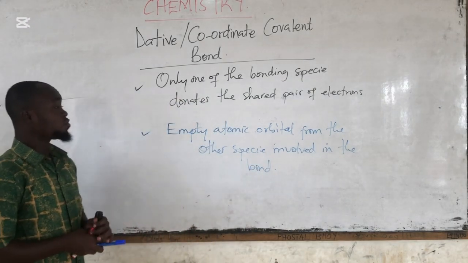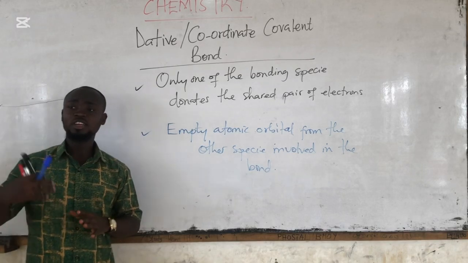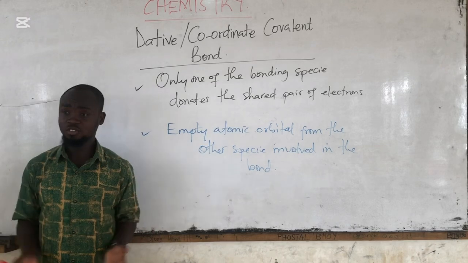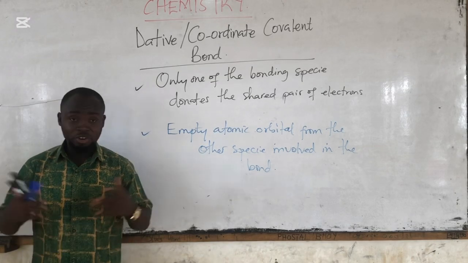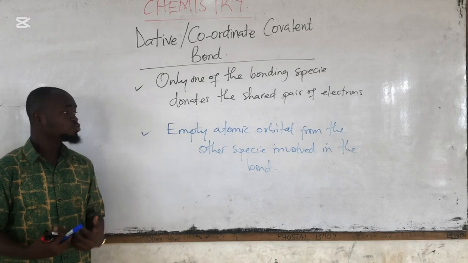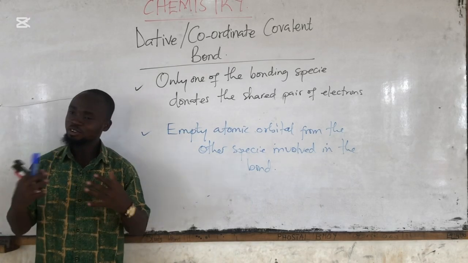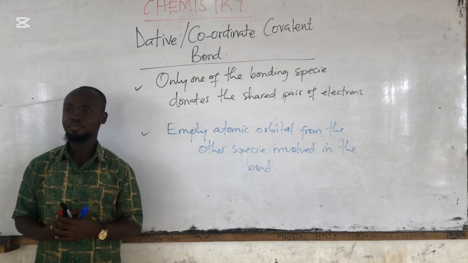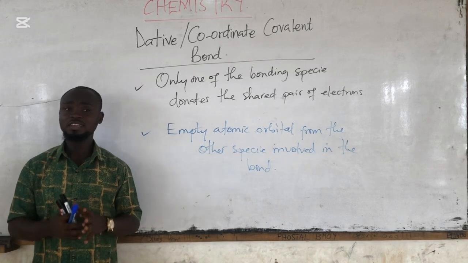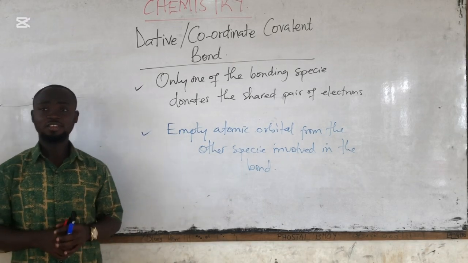So, one is going to do the electron donation. It means that the one that is going to do the donation should have lone pair electrons that it will be capable of donating. And then the other species involved in the bond should possess empty orbitals to accommodate the donated electron pair.